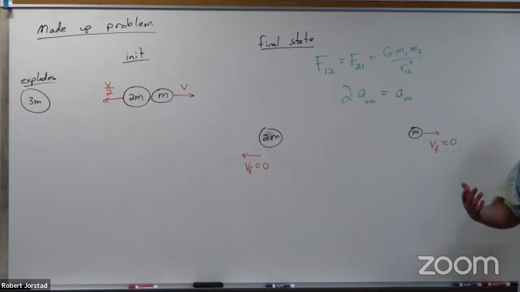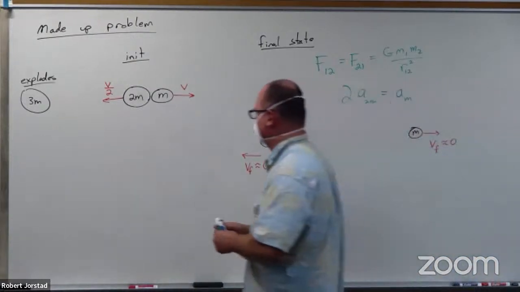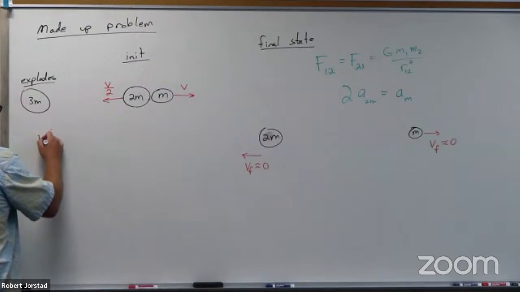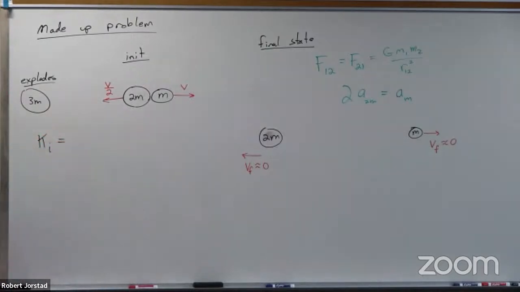So now in this case, what's the initial kinetic energy? Start giving me some formula. Don't try to do it all in your head. What's the formula for kinetic energy? 1/2. Yeah, and then we got 2 terms, right? So let's just do it one at a time.